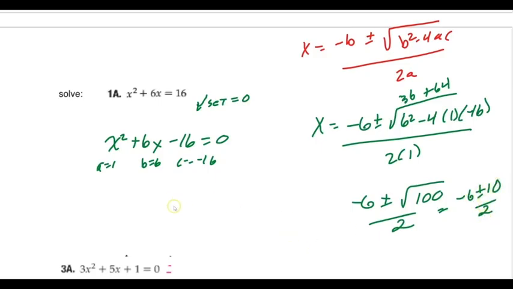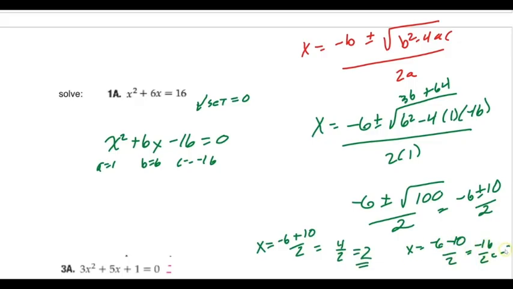And we have 2 answers. We have x equals negative 6 plus 10 over 2, which is 4 over 2, which is just 2. And x equals negative 6 minus 10 over 2, which is negative 16 over 2, which is negative 8. 2 and negative 8 is my answer. Just set equal to 0, find my values, plug it in, and I get my answer.